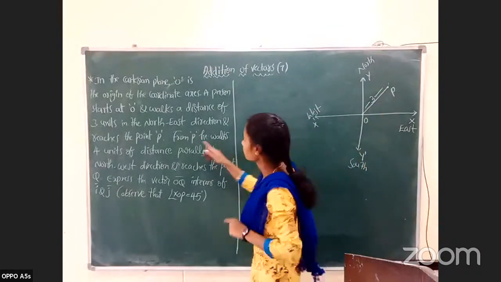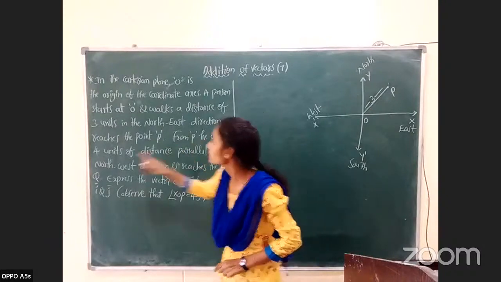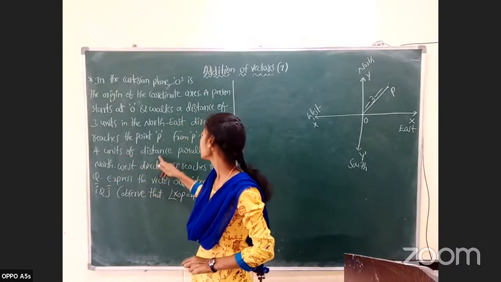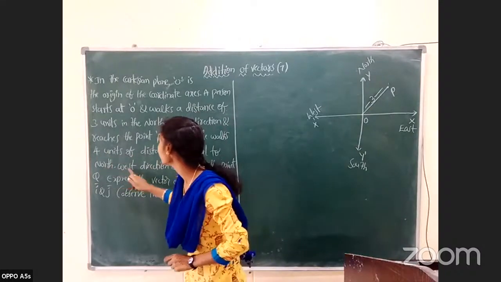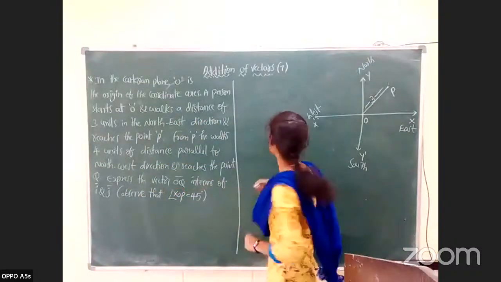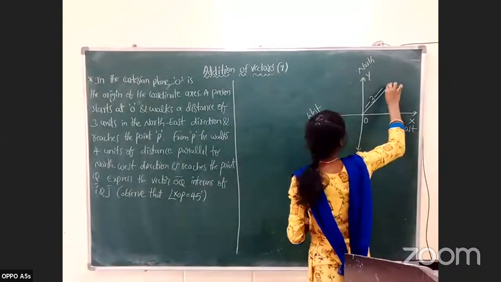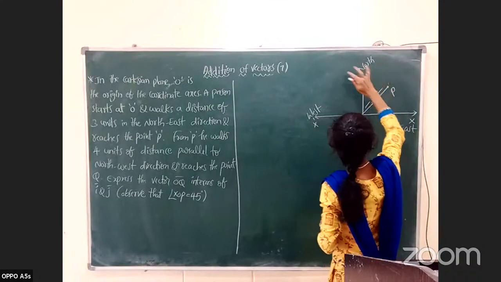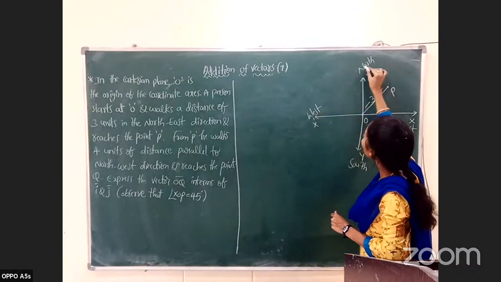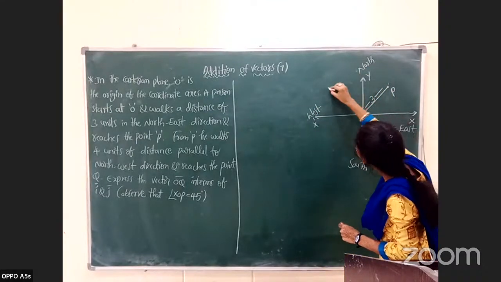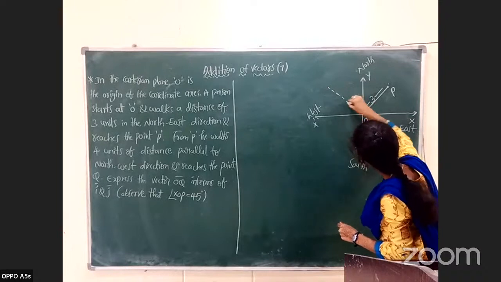Then after, from P, he walks 4 units of distance parallel to the northwest direction. He starts at P again and walks parallel to northwest. This is the northwest direction.